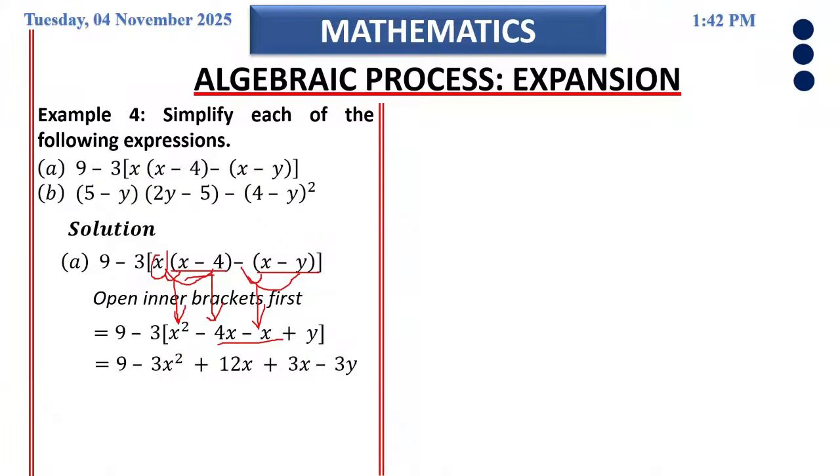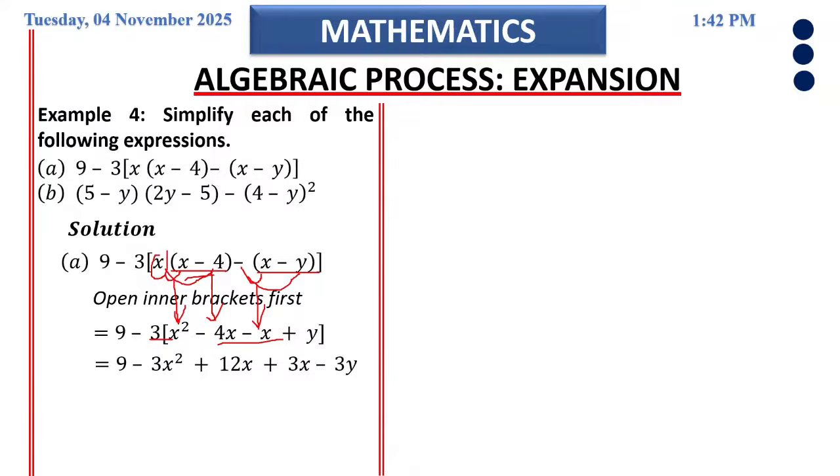So two things you can do: either you collect your like terms first, simplify first, or you can just expand, using the 3 outside the bracket. Because we have opened the first set of brackets inside, it permits us to be able to deal with what is outside the outside bracket.